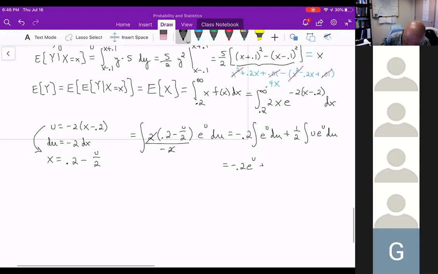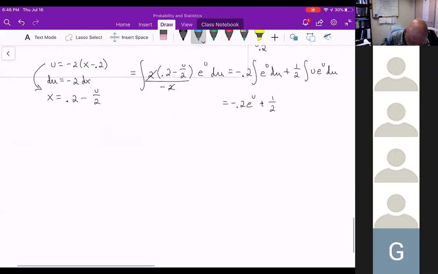The second integral you get by integration by parts or the tabular method. I think I've shown the tabular method before in the past. I'll do it again if you like seeing it, but you could use either approach that you may want. So let's see, u dv. So the u term is u, the dv term is e to the u. I take derivatives of the u part, so u's derivative is 1, derivative of 1 is 0.